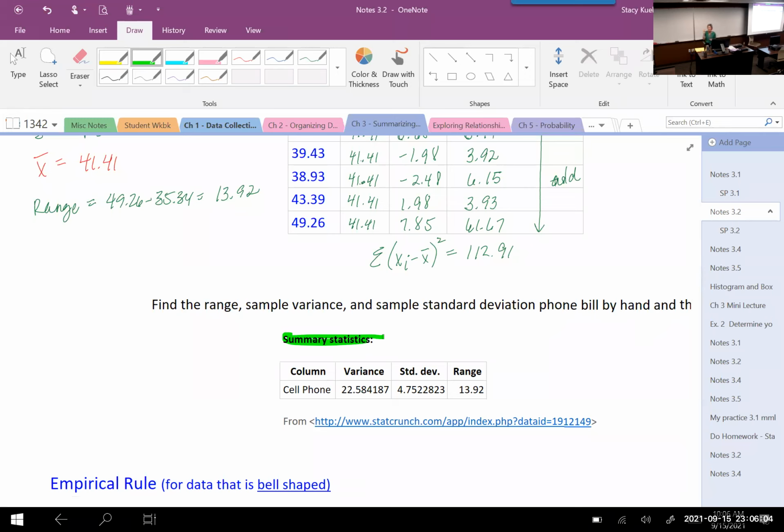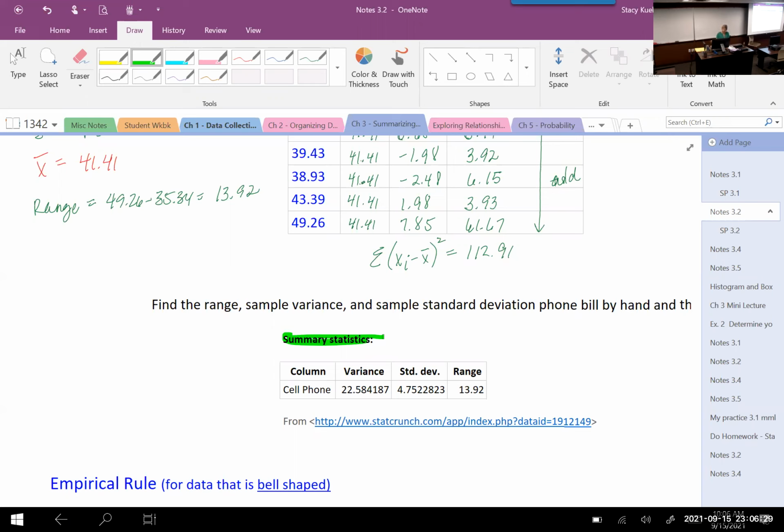Some of you have done your homework, some of you haven't. Wherever you find the mean, the median, and mode, you can also find the standard deviation, the variance, and the range. It's all right there. You just pick out the pieces that you want, because it'll be at the same spot. And that's how you'll find those when you are using StatCrunch. All right, questions then on how I found that?